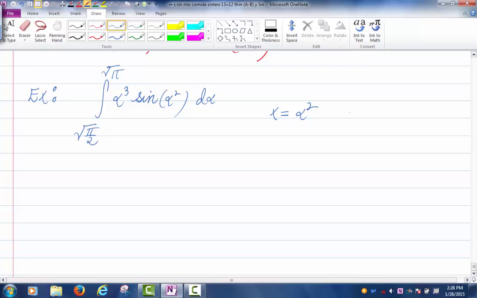Let's try that. So what is dx? 2 alpha d alpha, right?